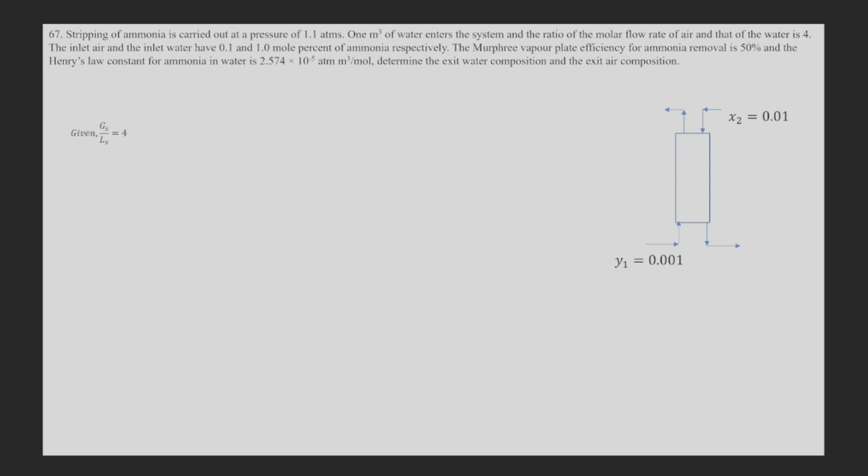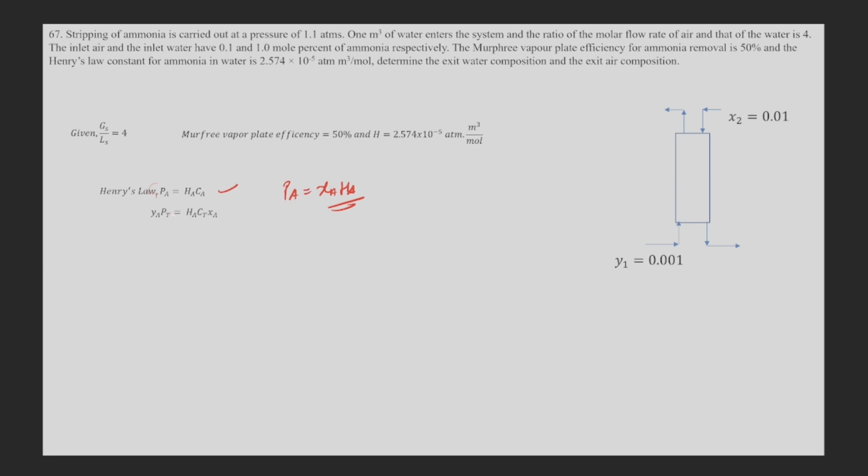Okay, so very first, Gs upon Ls we have is 4. It is written that the ratio of molar flow rate of air to liquid is 4. Murphy vapor plate efficiency is 50% and H is in atm meter cube per mole. Henry's law we have, which is basic, we know that. In case of mole fraction, Pa is equal to HA times Xa.